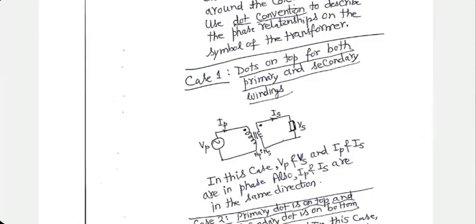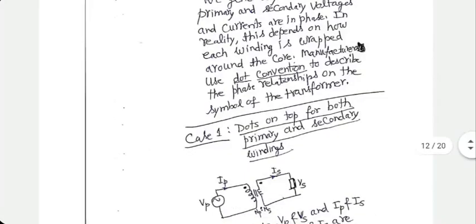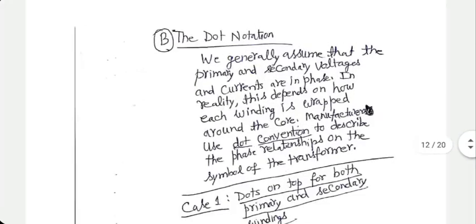And similarly, primary current and secondary current have no phase shift between them, which may be true in a lot of cases. But in some cases, the way the windings are done, there may be 180-degree phase shift also. You will never know what is inside the transformer.